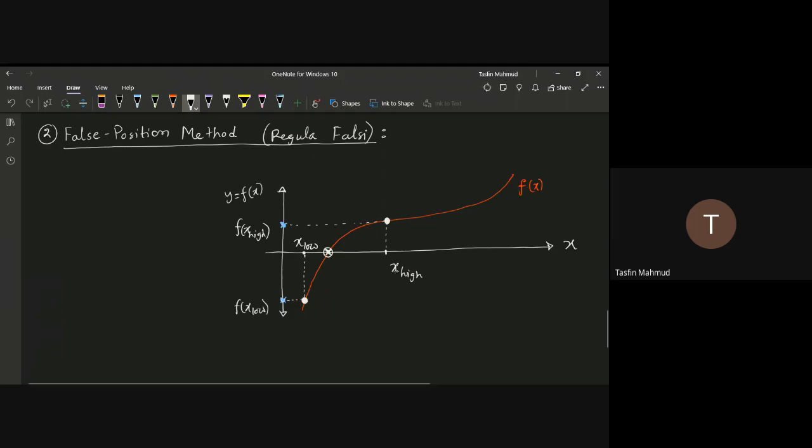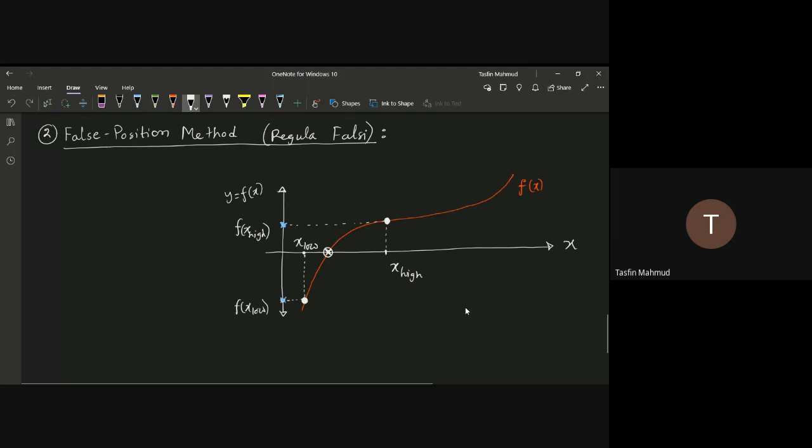Our x high and x low were given, and we get these 2 points from the graph of the function. Now we are not going to calculate the midpoint by dividing by 2.